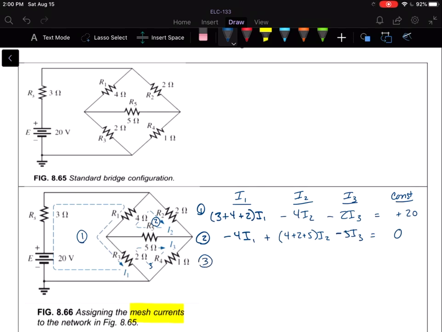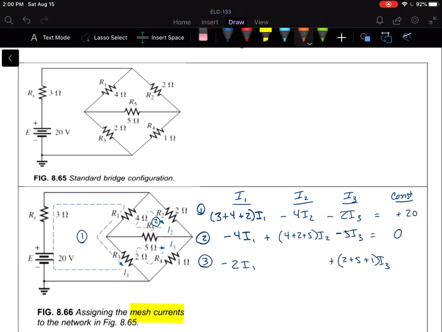And then let's look at our third equation, which is our third mesh down here. And our I3 term now is going to be the sum of those resistances. So 2 plus 5 plus 1, I3. Where our I1 term is going to be whatever I3 and I1 have in common, which is the 2 ohm resistor, so minus 2 I1.